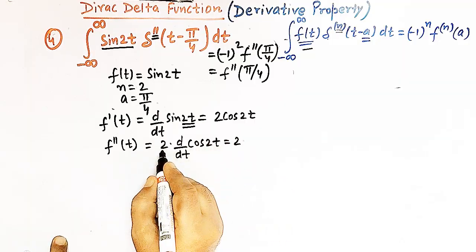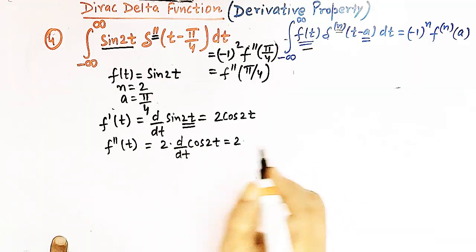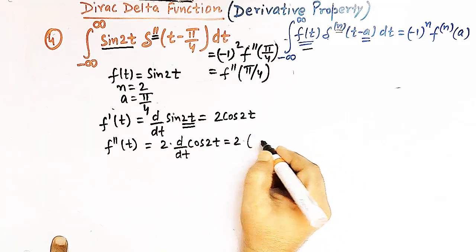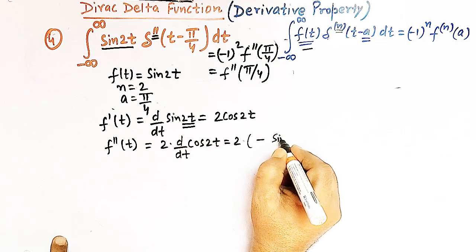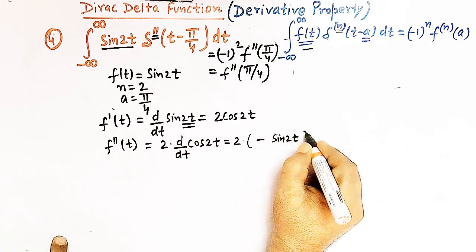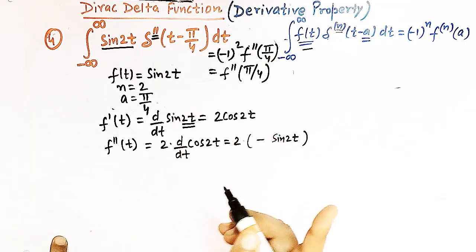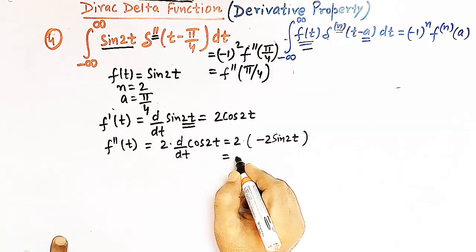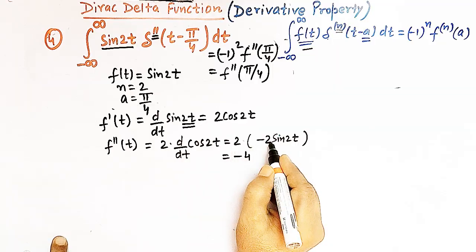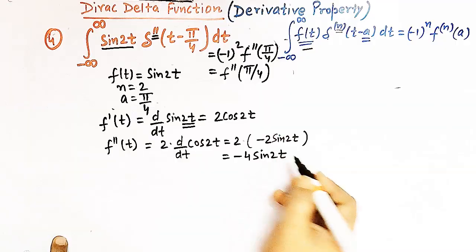Now the derivative of cosine function is negative of sine function. So here we have negative of sine 2t, and then by chain rule the derivative of 2t is 2. So here we write 2. So we have now minus 4. 2 times minus 2 is minus 4 sine 2t, right?